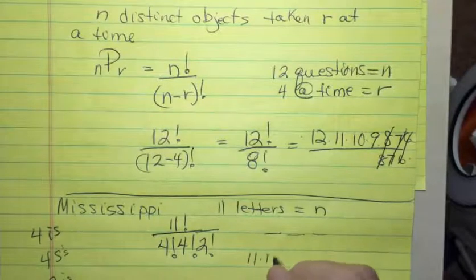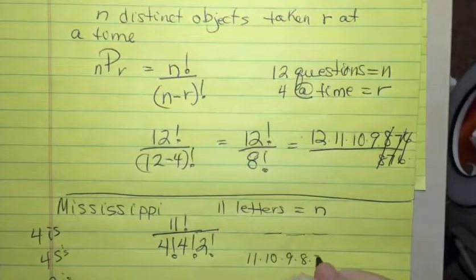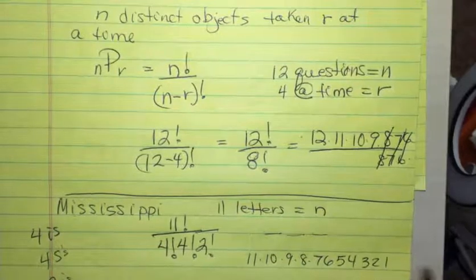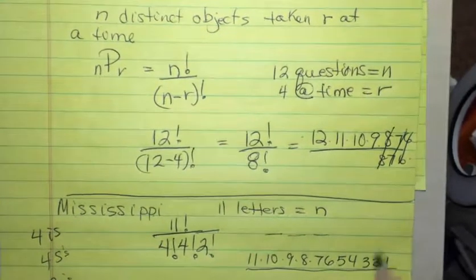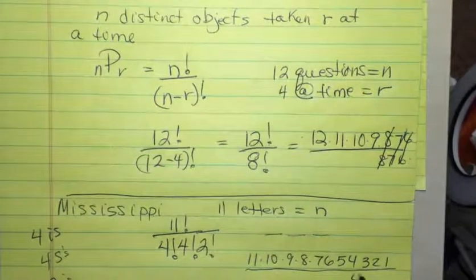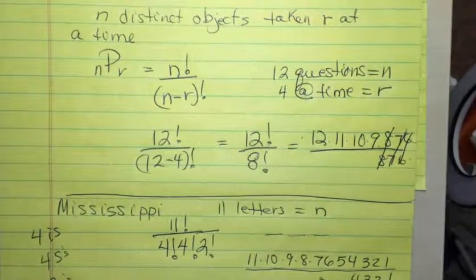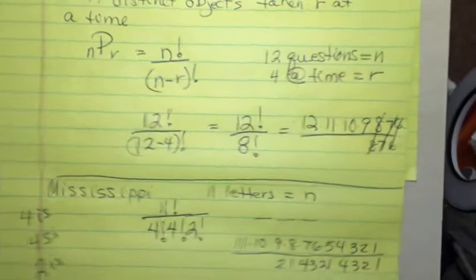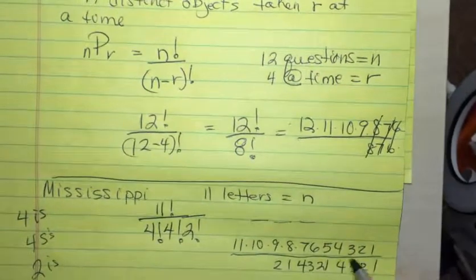I have 11, 10, 9, 8, 7, 6, 5, 4, 3, 2, 1, divided by 4, 3, 2, 1, 4, 3, 2, 1, and 2, 1. I just wrote those out. So it's really a canceling thing.